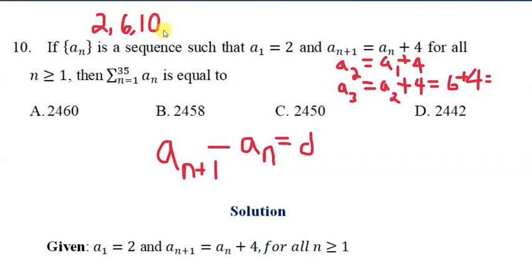Here the second term is obtained by adding 4 to the first term, and the third term is obtained by adding 4 to the second term, which is 6.